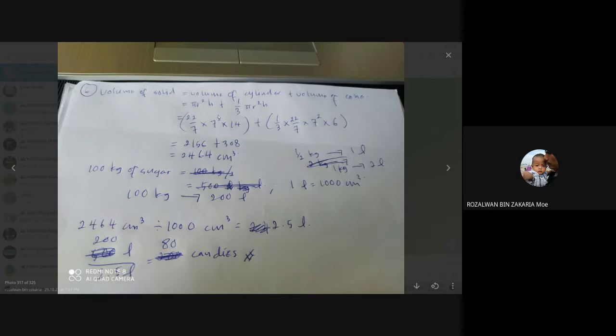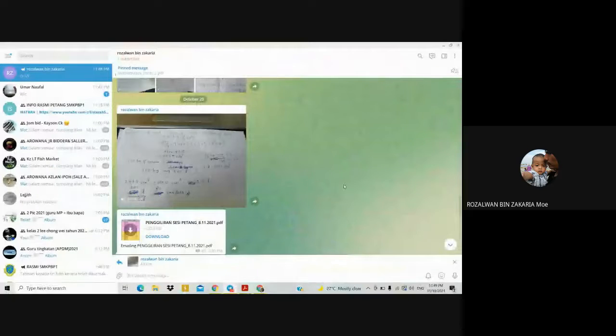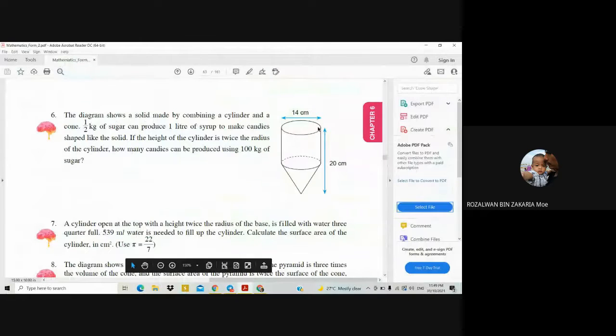So 7 to the power of 2, and multiply with the height of the cylinder. You have to find out the height of the cylinder.